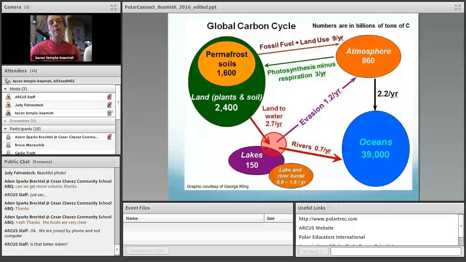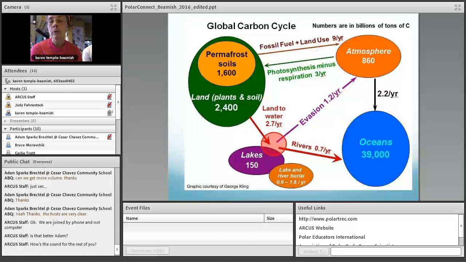As you can tell from the title of our presentation, we're interested in carbon cycling in the Arctic, the warming of the planet, and the impacts on permafrost. So I thought it'd be a good idea to just review the global carbon cycle. In front of you, you have some round circles, and the numbers represent billions of tons of carbon in each of those spheres.